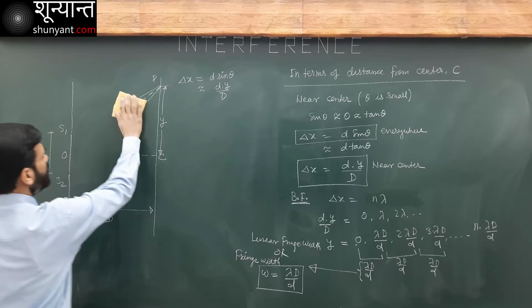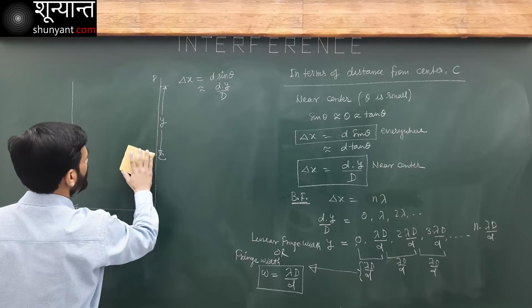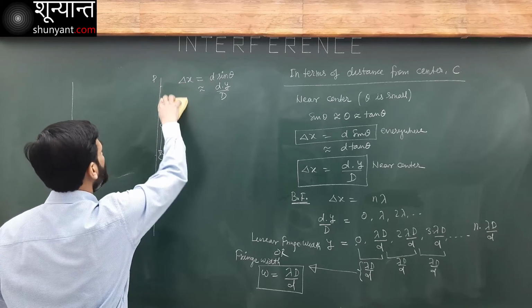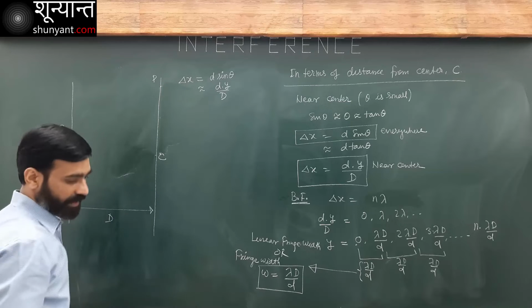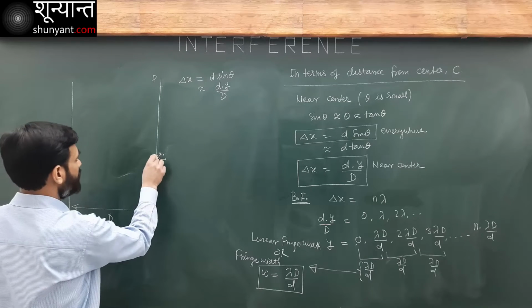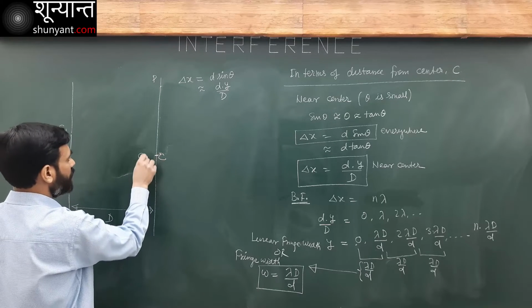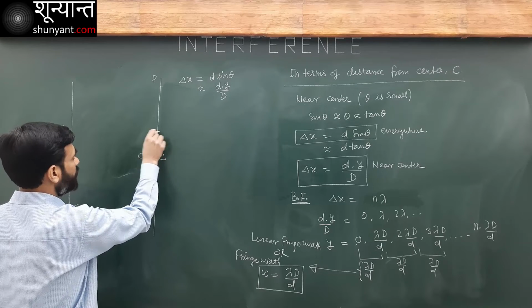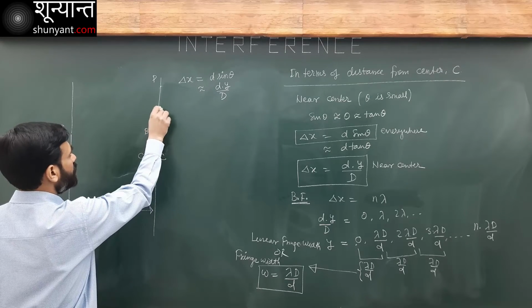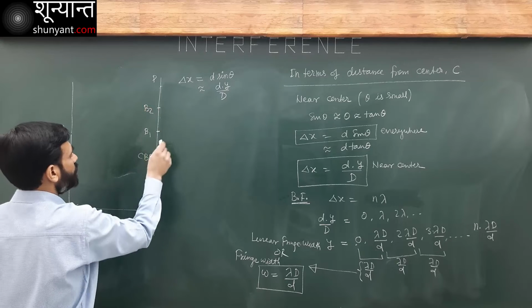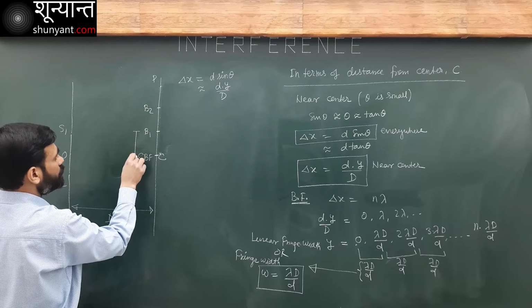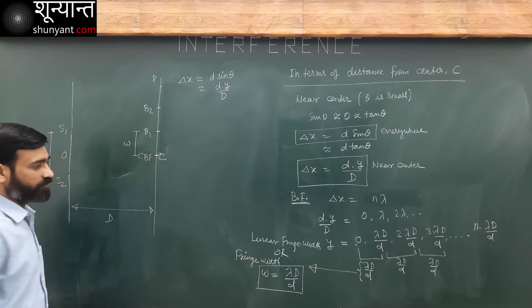Let me clean all of this here, and let's mark those points. This is my central bright fringe. This is my first bright fringe B1. This is my second bright fringe B2. What will be the distance between these two? It is going to be equal to the fringe width.